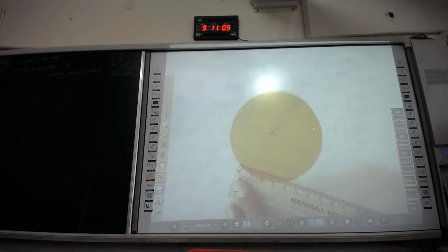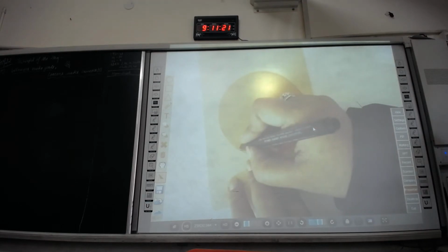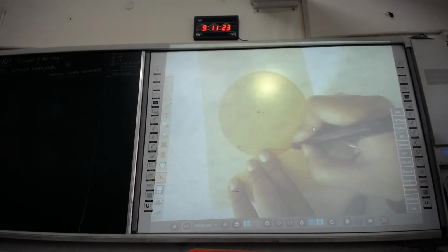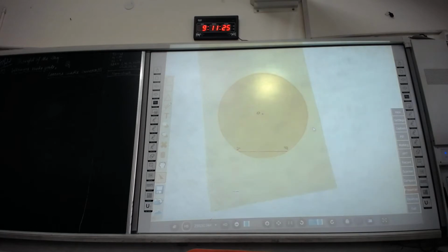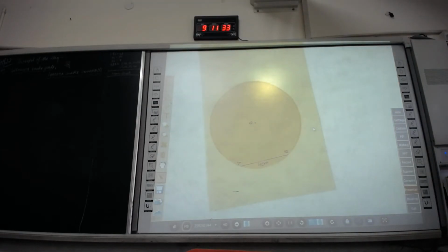Can you see this? Yes, ma'am. All of you can see this? Yes, ma'am. I am using another sheet as a base for this, so that I can label it. So I am naming this point as A, this point as B. And AB is 4 centimeters. Alright? So I am writing it here for you. This is 4 centimeters. I hope this is visible to everyone.